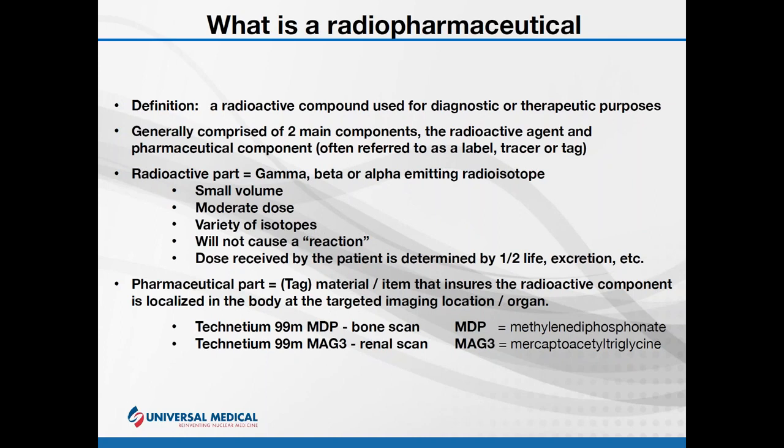The second part of the radiopharmaceutical is what we call a tag or a tracer or a label, and it's used to ensure the localization of that radiopharmaceutical into a desired organ or into a desired function. The dose, when it's given to the patient, is going to determine the total amount of radiation exposure to that patient.